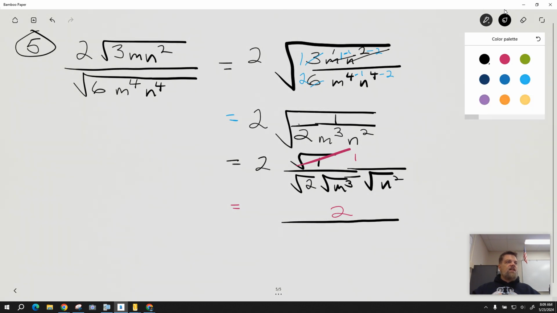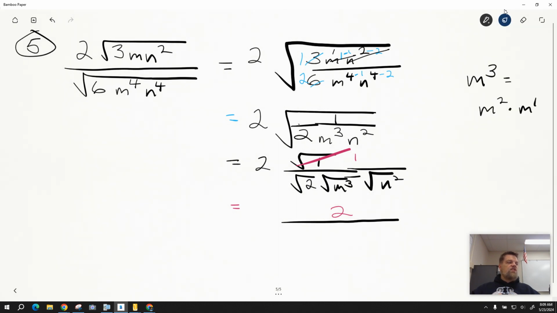So some things I can simplify, some things I can't. So this still remains the square root of 2. This will change to m squared times m. Now, what is the square root of n squared? Remember, this is the second root, so this cancels with this, and this just becomes n.